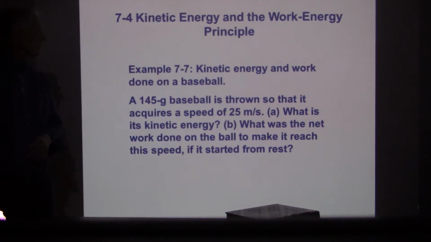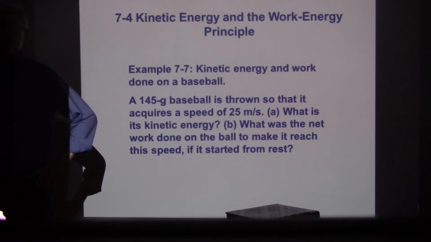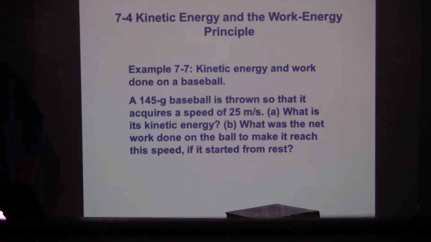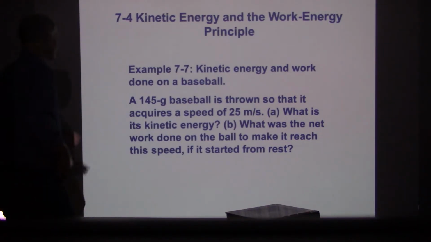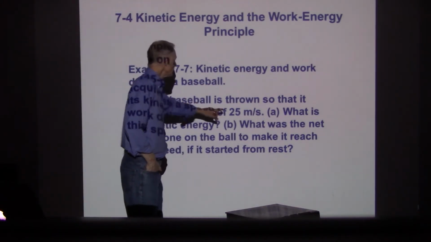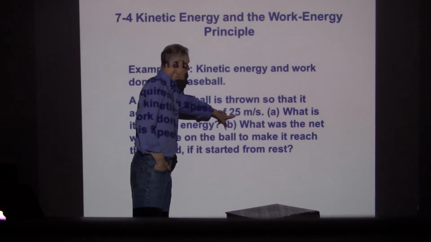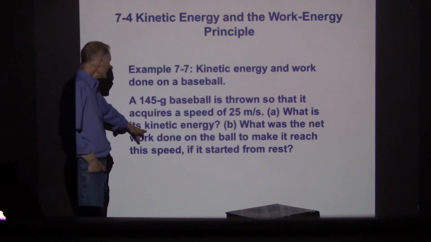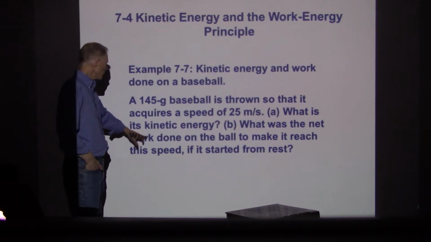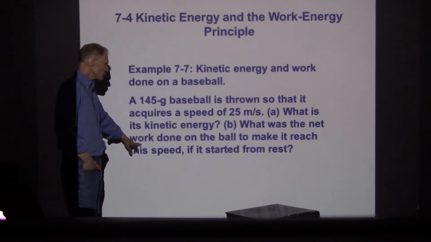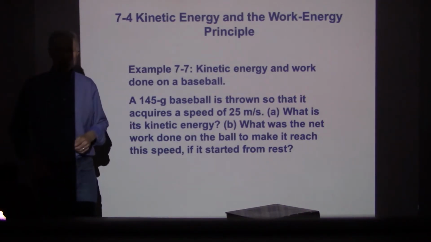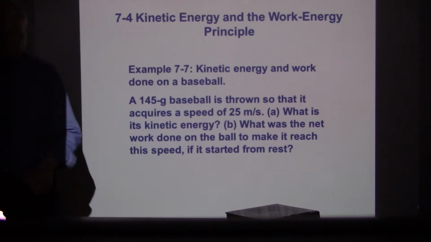That's like, what, 55 miles an hour? Aren't we supposed to have those 90 mile an hour fastballs? Anyway, the baseball acquires a speed of 25 meters per second. What is its kinetic energy? What was the net energy transfer on the baseball that enabled it to reach that speed?